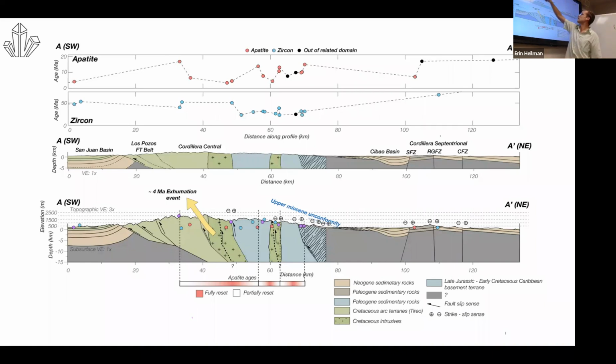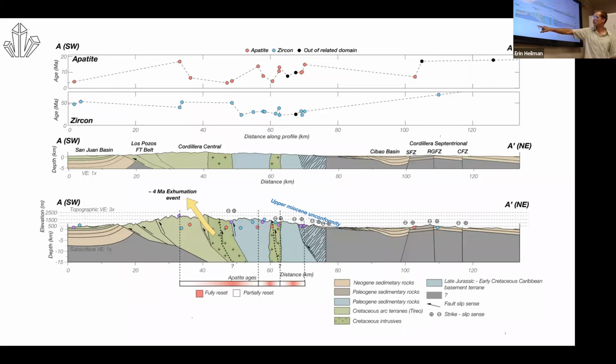These dips in ages are likely related to thrusts, bringing up fully to partially reset apatite grains. And so going from this very simple, more or less uninterpreted cross-section, we can try to interpret the internal deformation within the central Cordillera using these relationships.